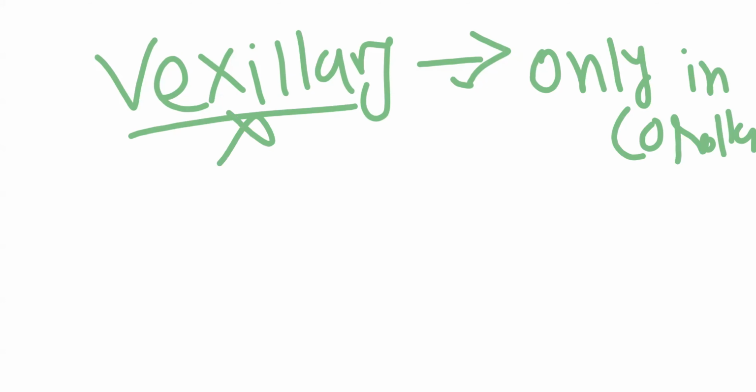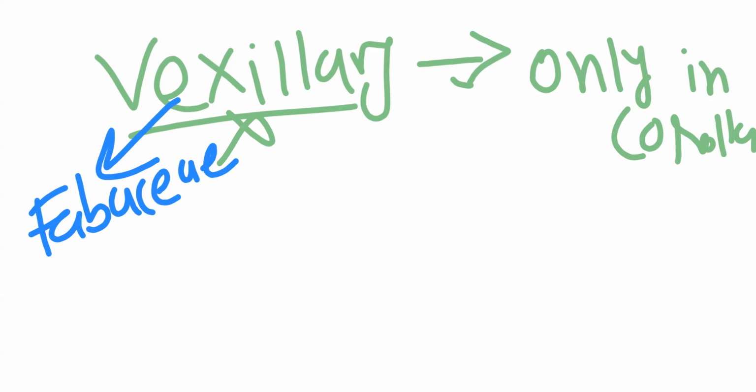Right? Now, vexillary estivation is basically a characteristic feature of the Fabaceae family. For all the pulses, if you take their flower, you can observe this vexillary estivation in the corolla part. One petal is totally large.